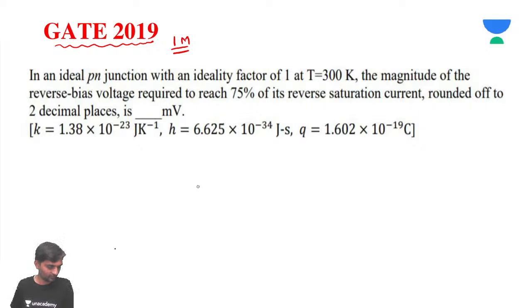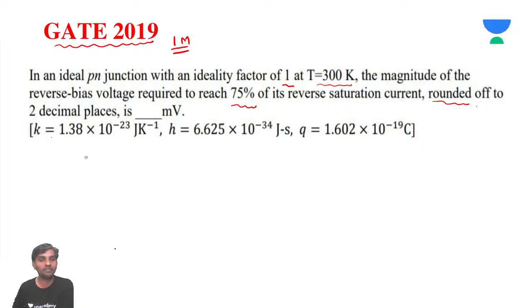The problem is: in an ideal PN junction with an ideality factor of 1 at T is equal to 300 kelvins, the magnitude of the reverse bias voltage required to reach 75% of its reverse saturation current, rounded off to 2 decimal places, is. He is also given K value, H value, Q value.